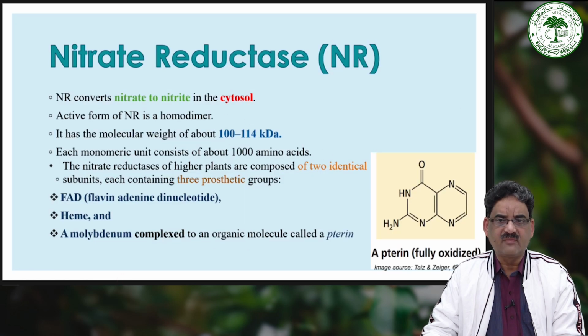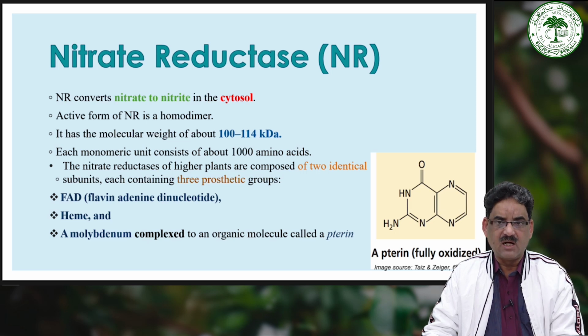The reduction of nitrate to nitrite involves the transfer of 2 electrons from a donor to nitrate while consuming 1 proton. This reduction is coupled with the oxidation of either NADH or NADPH, which typically serves as the electron donor in most plants.